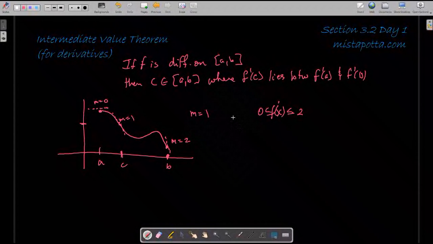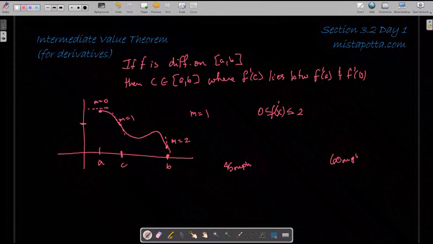And so this allows us to have another practical use of intermediate values. Let's say, for example, that I'm traveling on a highway and I start off at 45 miles per hour and I end at 60 miles per hour.